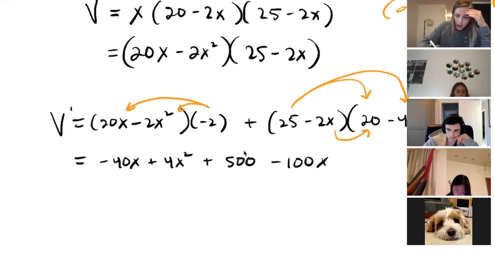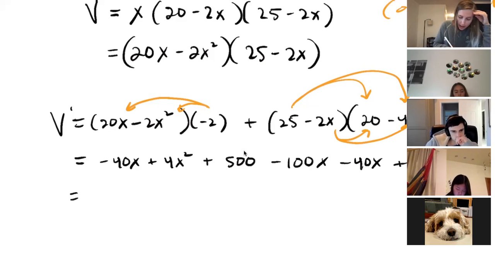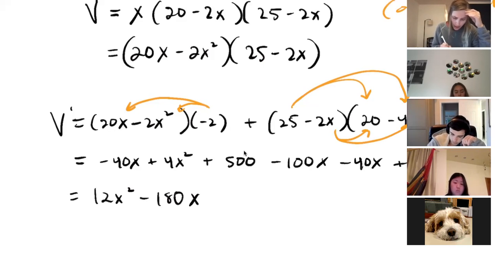And then minus 40x and plus 8x squared. And then just combining like terms, that gives us 12x squared minus 180x plus 500.